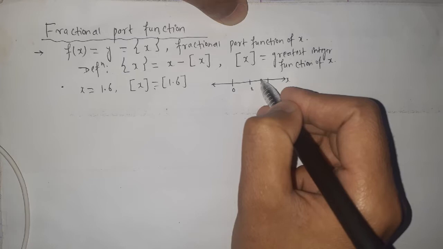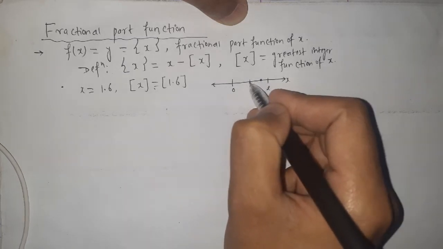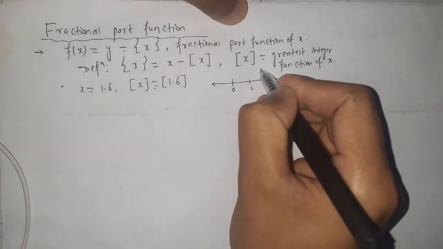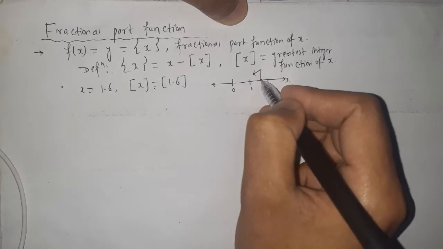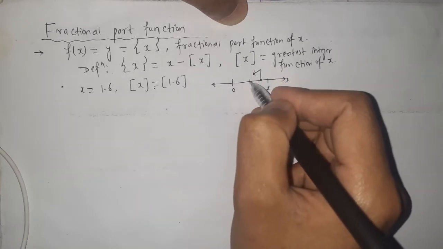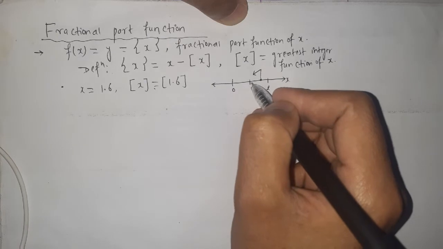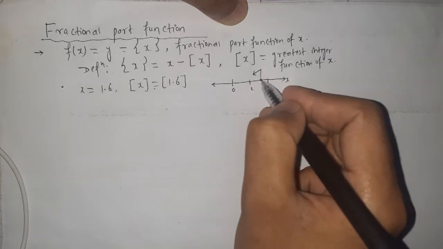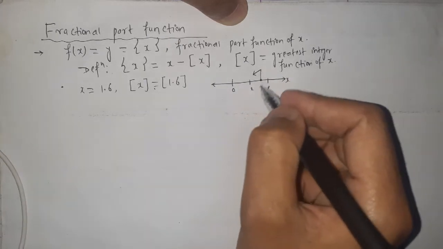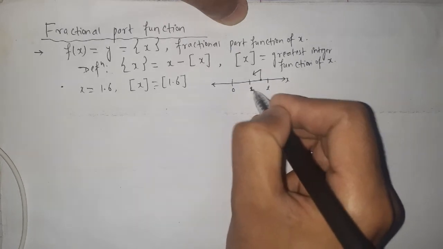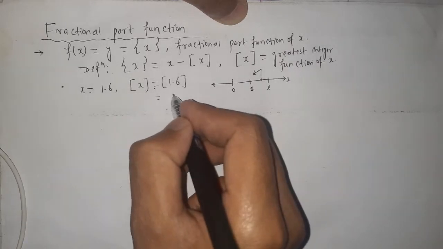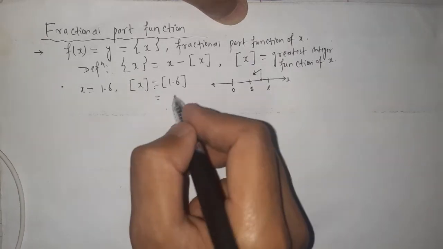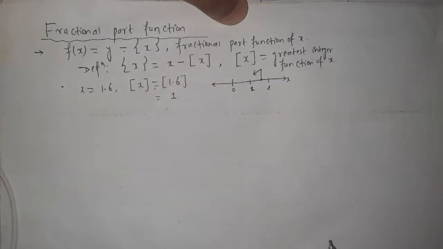If we rise and then look back, we see the nearest integer on the left hand side is 1. This integer is its greatest integer value. So the greatest integer of 1.6 is 1.